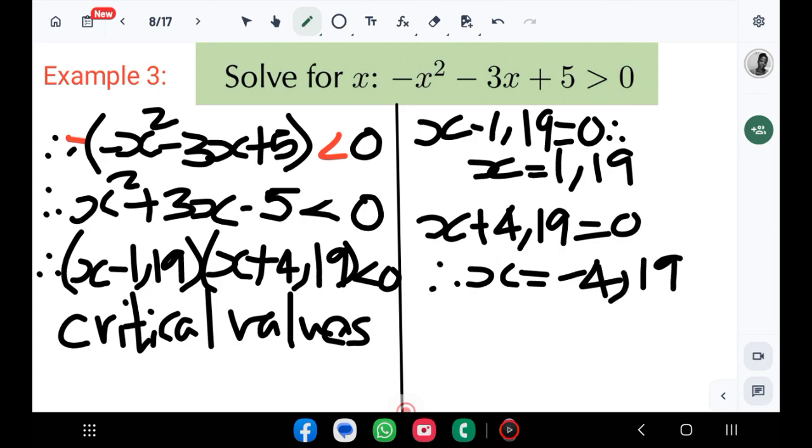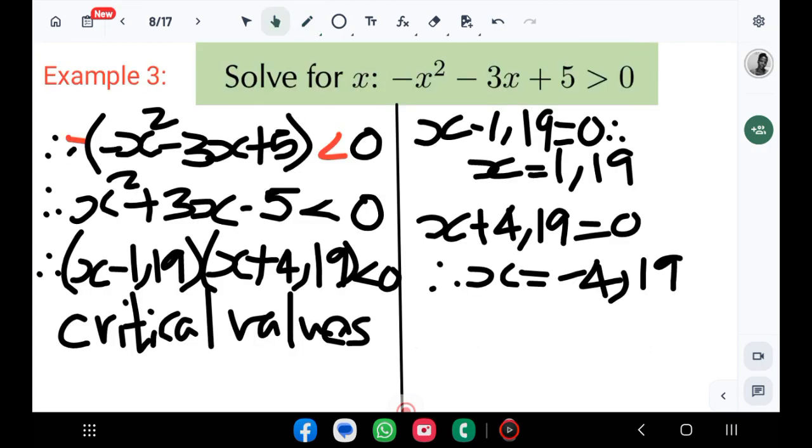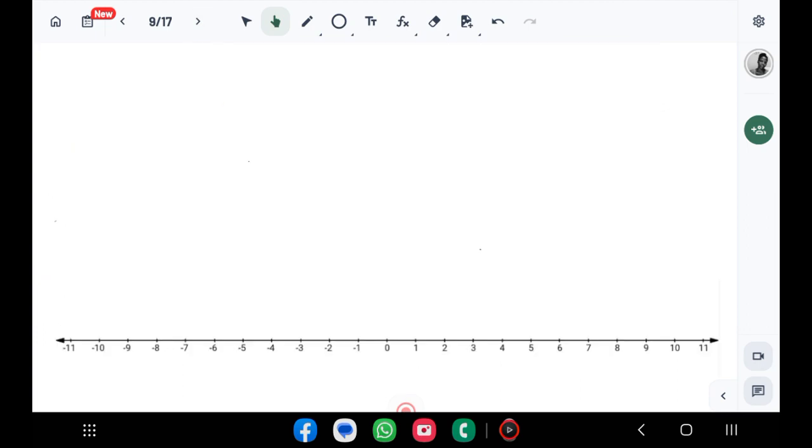Now you put these in a table. The first one that comes is negative 4/19 and then 1/19. Remember, you must list your critical values in ascending order from left to right.